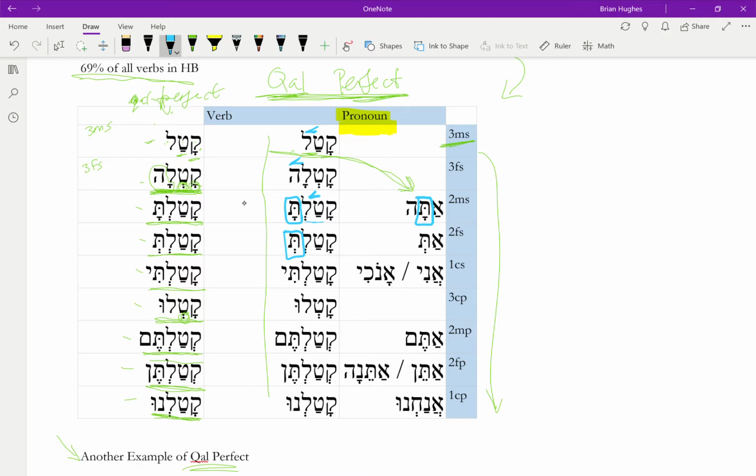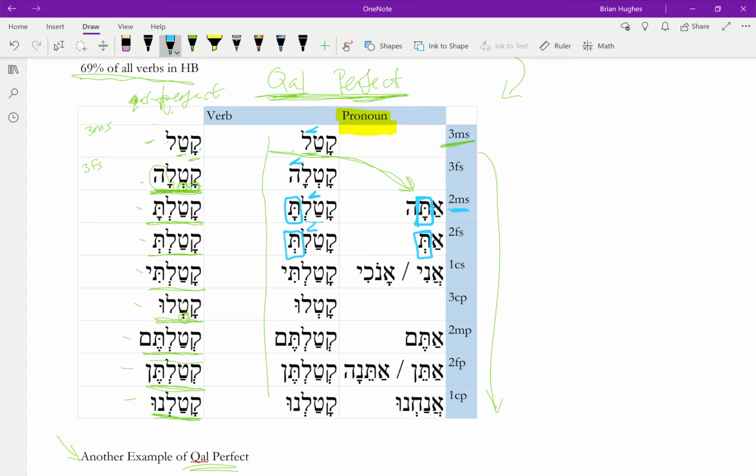How do you know the difference? Well, you've already started to learn the difference because you've learned the pronoun. The tav kamets goes with the second masculine singular, and John Gowen's chart is really helpful for drilling that in. The tav shava, similarly, is the second feminine singular pronoun, and it's also the ending.